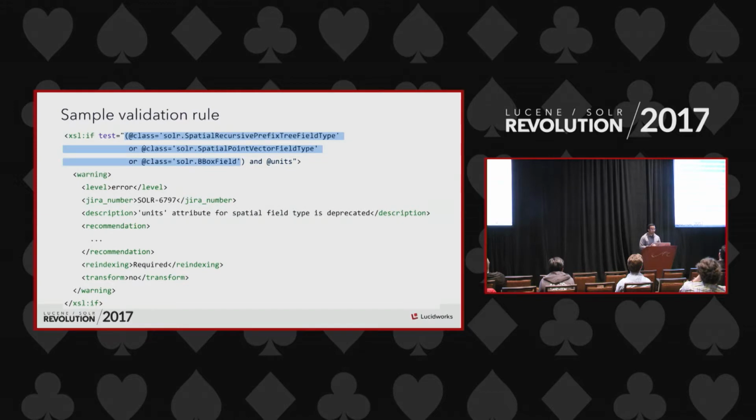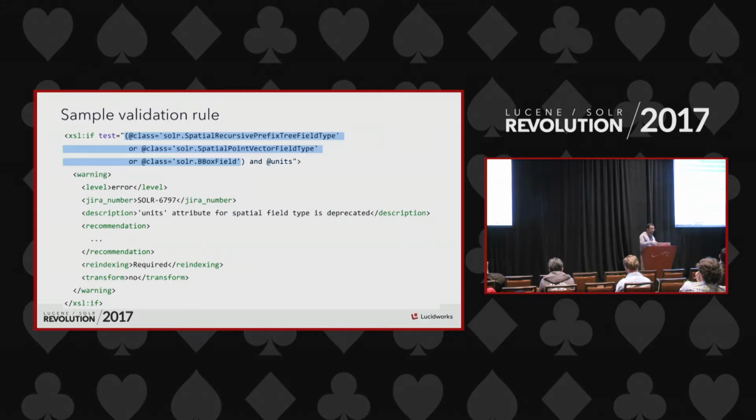So let's look at one of the rules that I have here. This incompatibility happened between Solr 4 and Solr 5, where if you are using spatial field types, then the units attribute was removed and replaced with, I think, distance units or something. In that case, the tool will tell you that this change was made as part of Solr 6797.